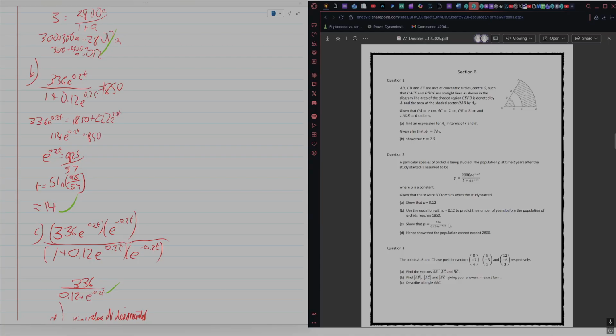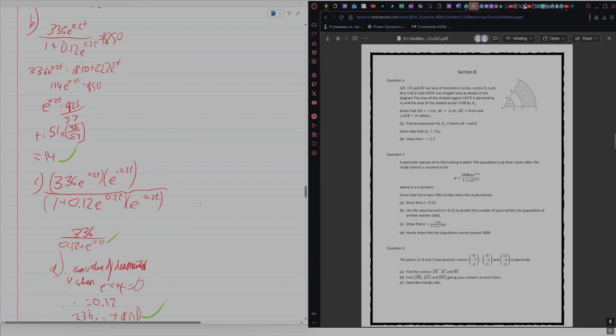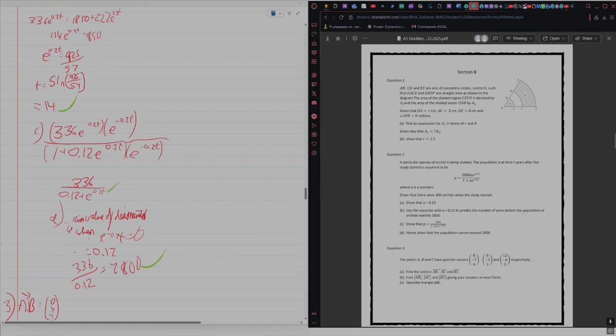But technically, if you had no idea what you were doing for the first question, you could technically work with this thing. But anyway, you just multiply by e to the negative 0.2t, and if you know that you should do that, then it's easy. But obviously that's not an easy thing to figure out.